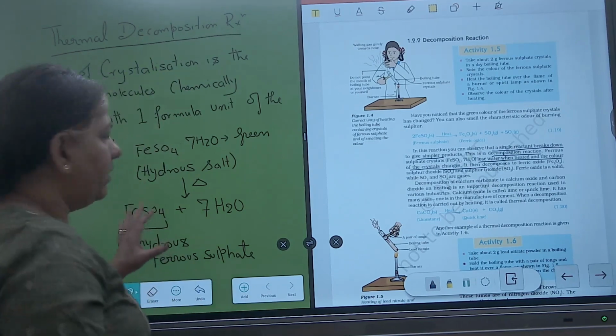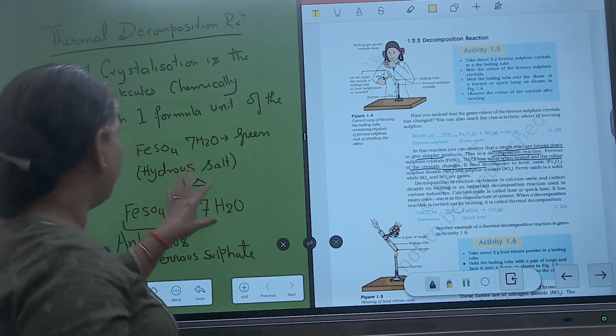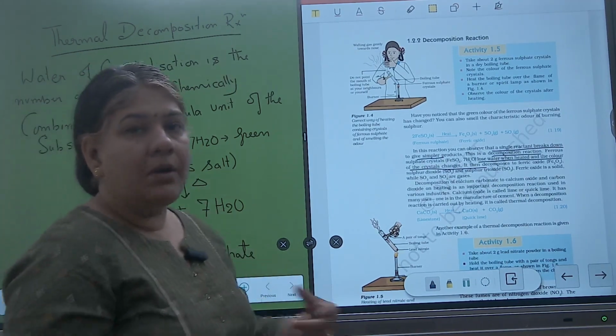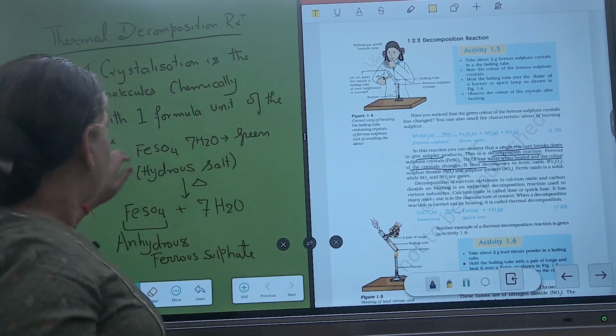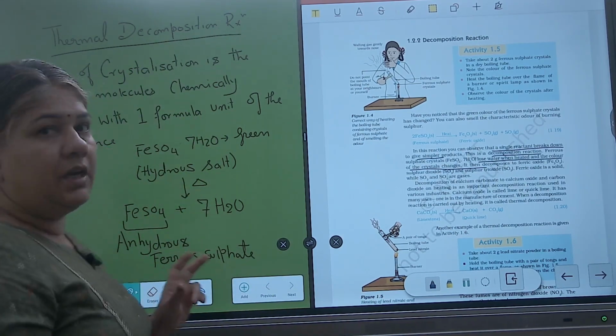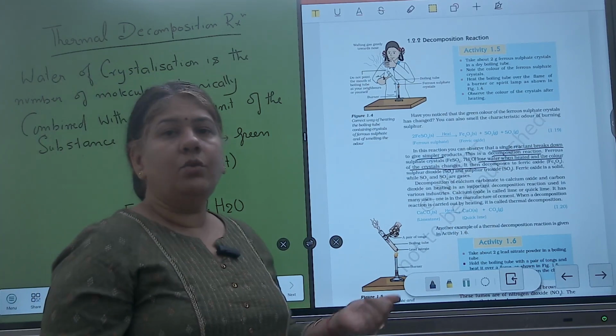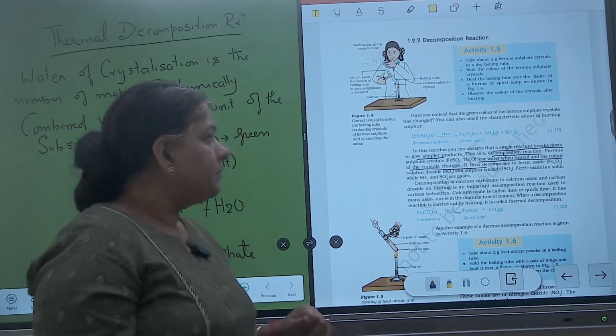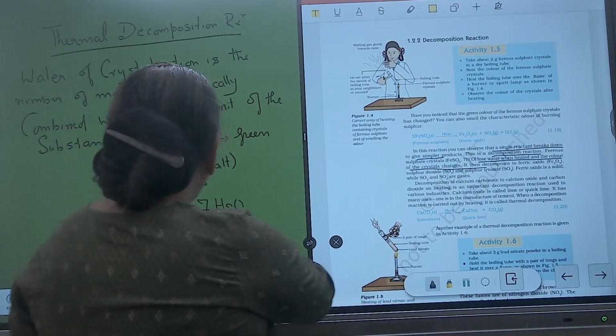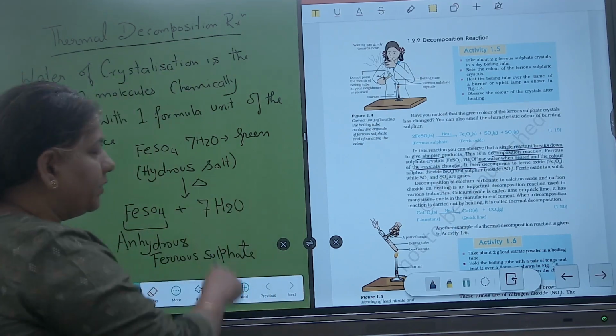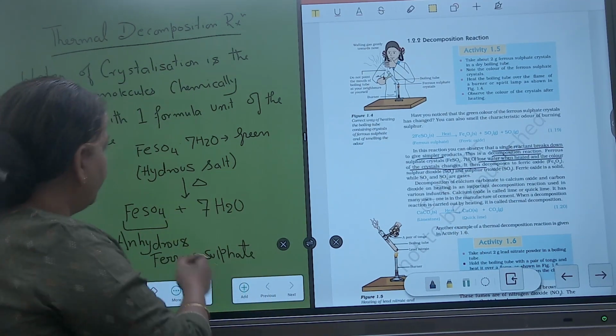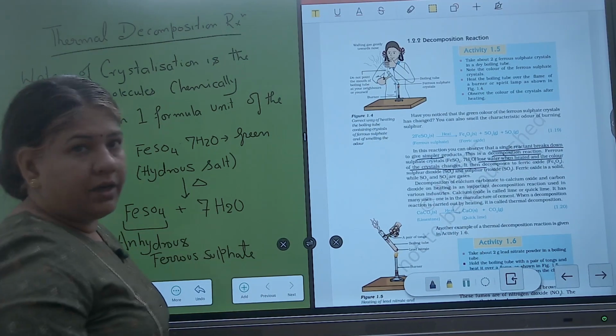When it loses its water of crystallization, it will become white in color. So this green salt will first turn white because the color is due to water of crystallization. After losing water of crystallization, on further heating it will start decomposing.